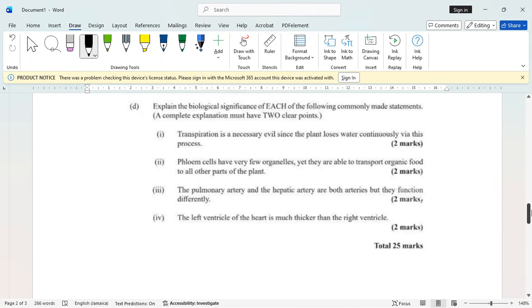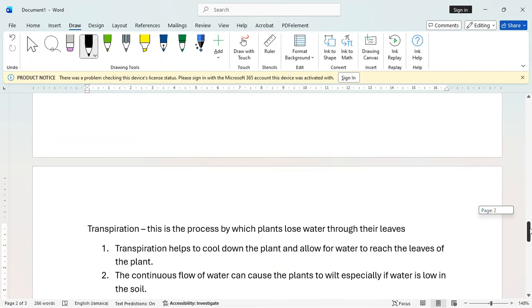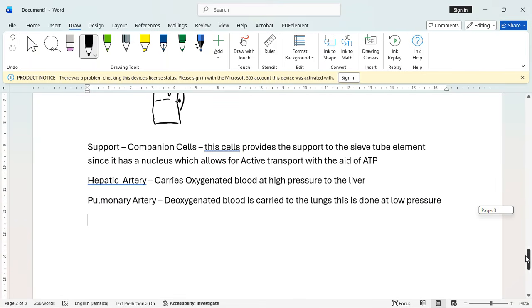So simply put, left ventricle, thicker. This deals with systemic circulation.